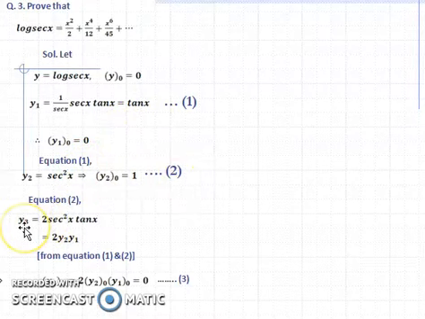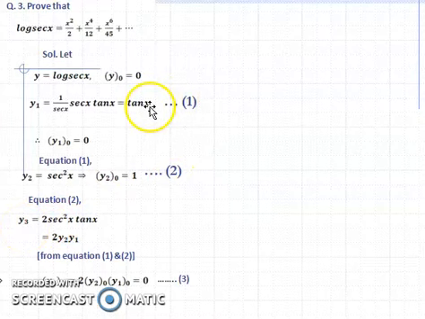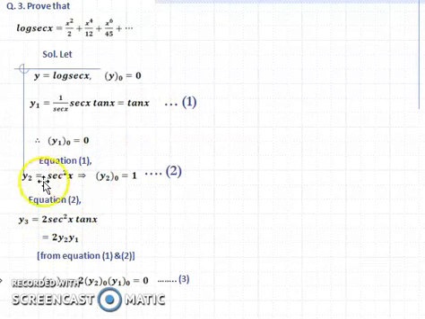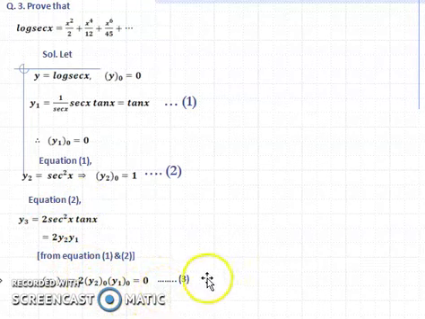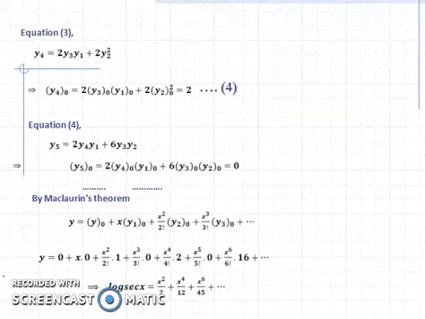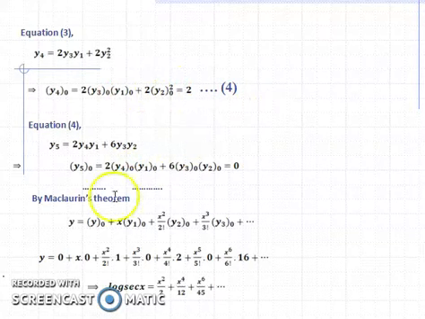Now y3 means differentiation of this part. y2 equal to sec square x, and y3 equals 2 sec square x tan x. After putting the value x equal to 0, we get y3 of 0 equal to 0. On substituting all these values, similarly we derive the fourth order here, but there is no need.